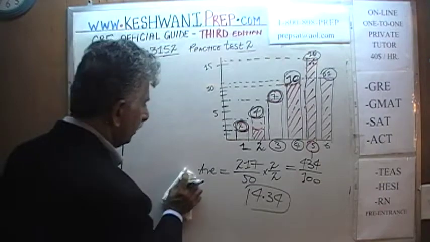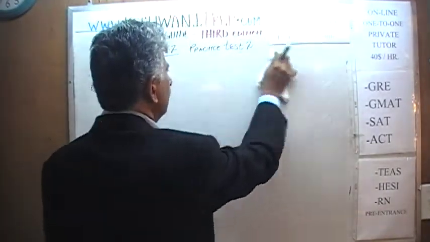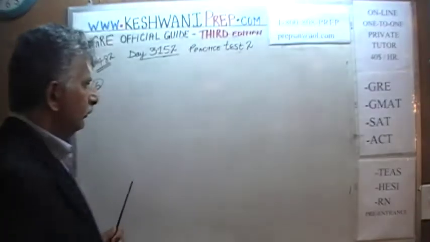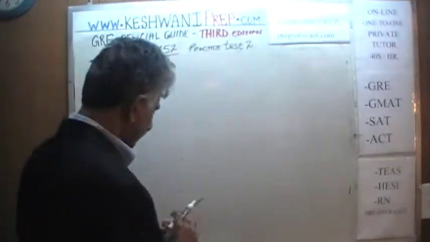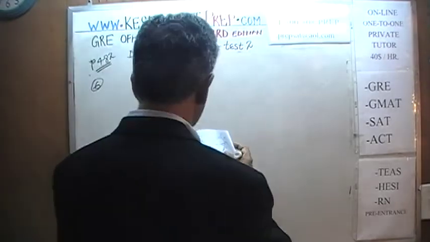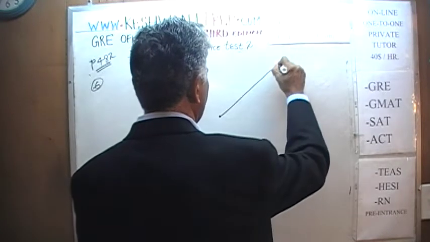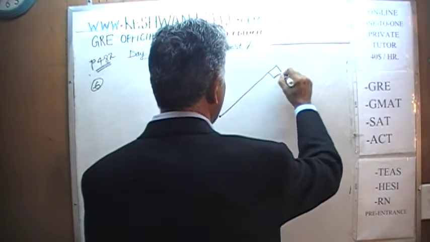We need the room. It's a geometry question, and the picture that is given to us looks something like this. It comes down at 90 degrees.